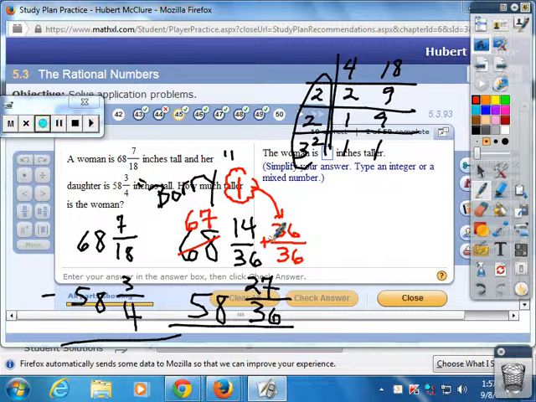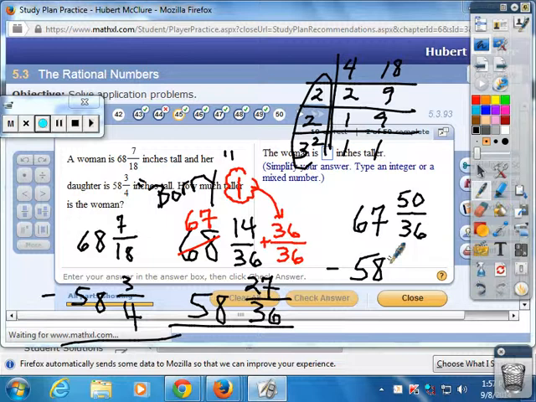And now I have 67 and 50/36, check my math, minus 58 and 27/36.